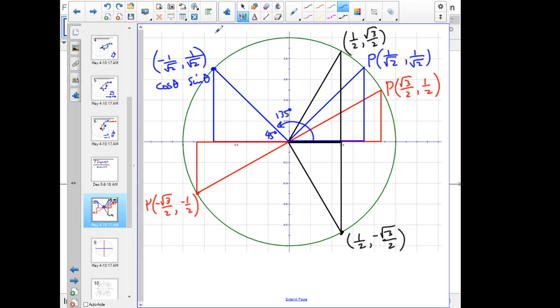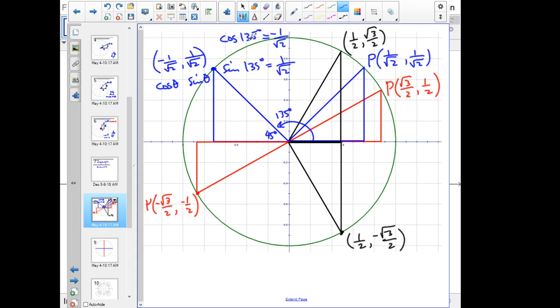So with this information, I know that the cosine of 135 degrees is equal to negative 1/√2, and the sine of 135 degrees is equal to positive 1/√2.